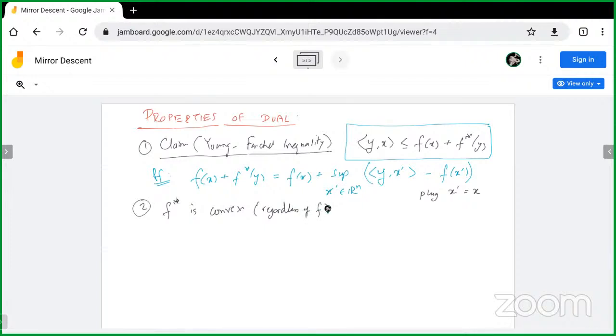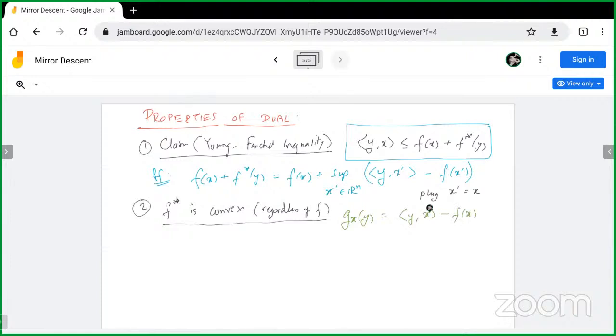And this is not hard to see. For any x, I can just think of the function g_x(y), which is the inner product of y and x minus f of x.